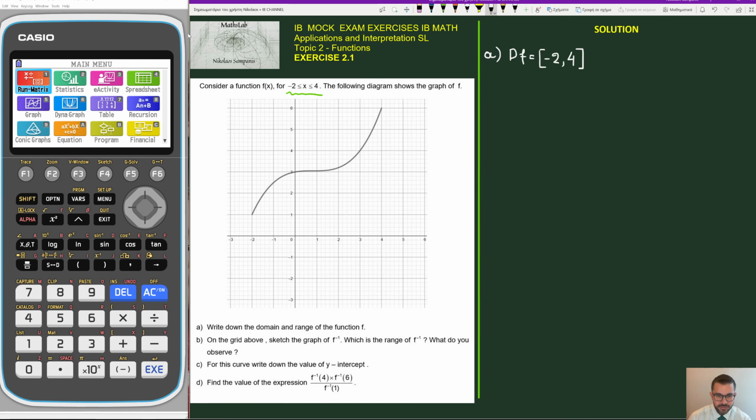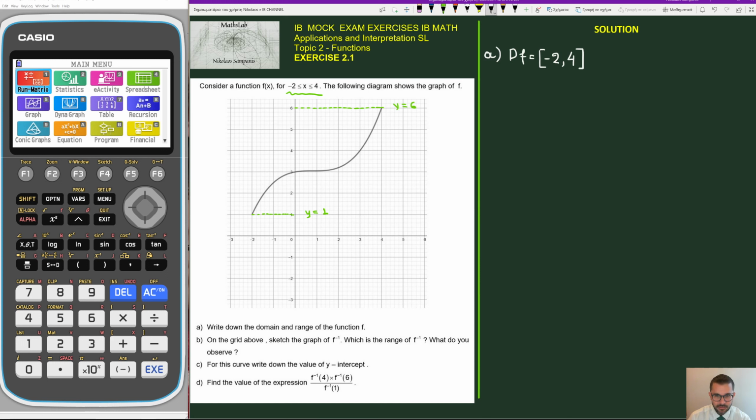The range of this function f, in order to find the range, we have to sketch or draw these horizontal lines here with equations y equals 6 and y equals 1.